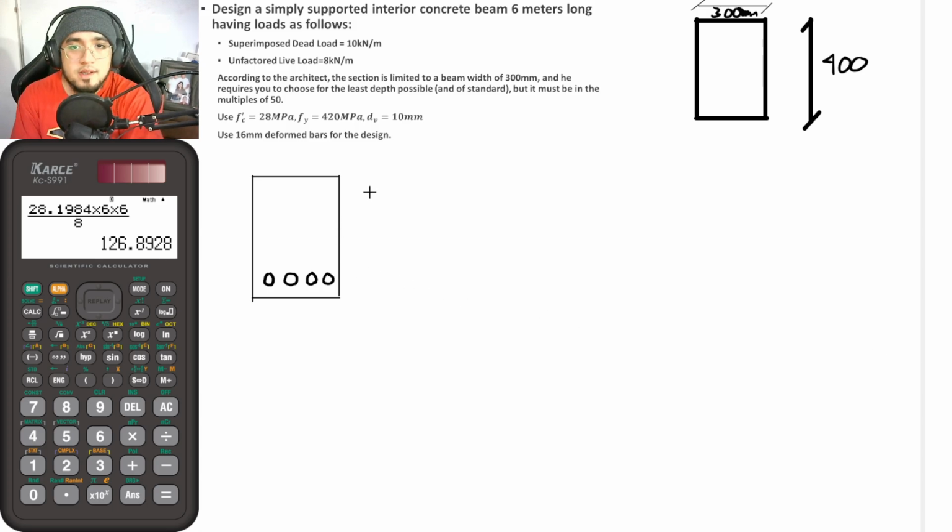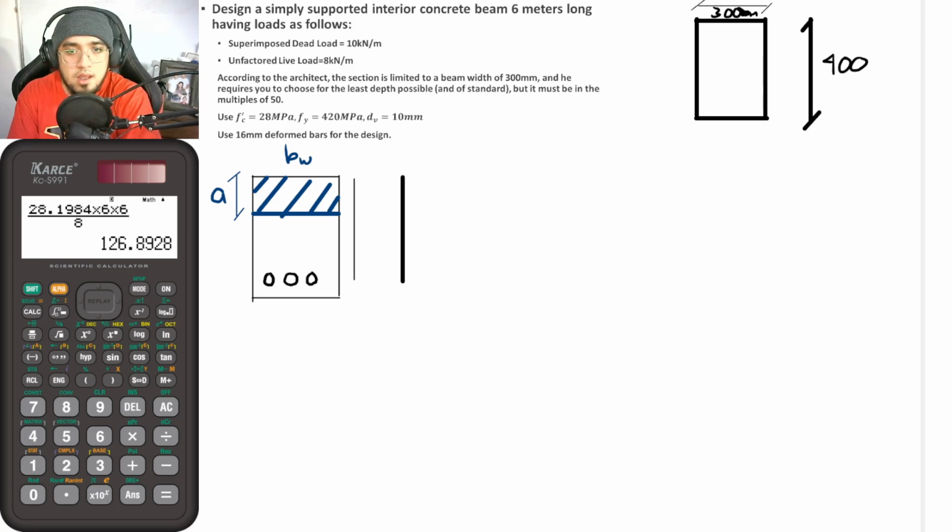So from that, guys, in our analysis, if this is now our stress diagram, of course, the top part, so this top part here is now subject to compression, and thus this is now A. Okay, guys, so this is A. This still B sub W. Okay, and for this particular value, this is now our depth D. Okay, so this is now our depth D.